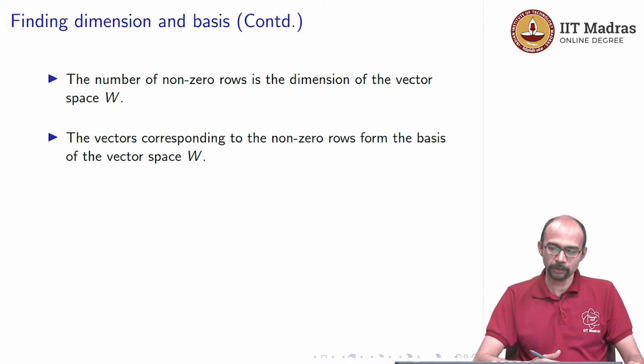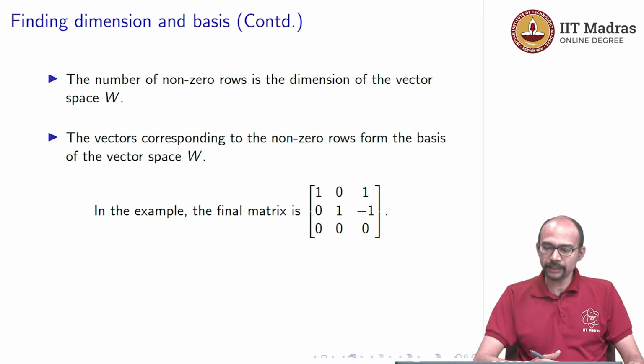So, that is the dimension of W, and the vectors corresponding to the non-zero rows are exactly the ones which form the basis. In the example the final matrix was 1 0 1, 0 1 minus 1, 0 0 0.